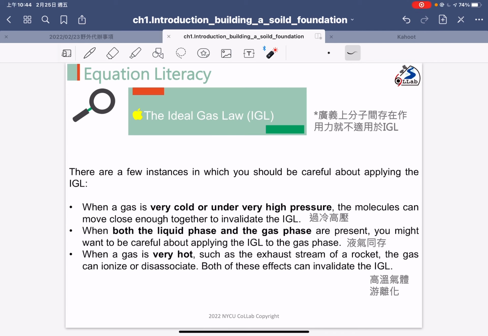Because the temperature increase will provide kinetic energy, and with kinetic energy, the particles can move randomly. The random moving will provide high opportunities for particle collision, right? So if two particles collide together, there is some interaction force. So we cannot say there is no interaction force between two particles, and we cannot apply the ideal gas law for these conditions.